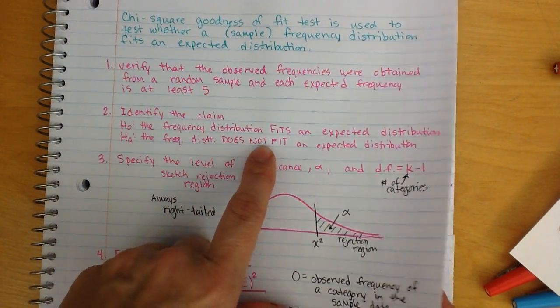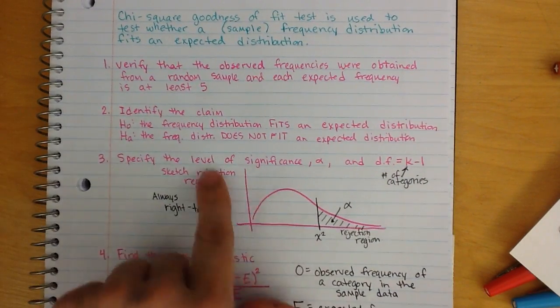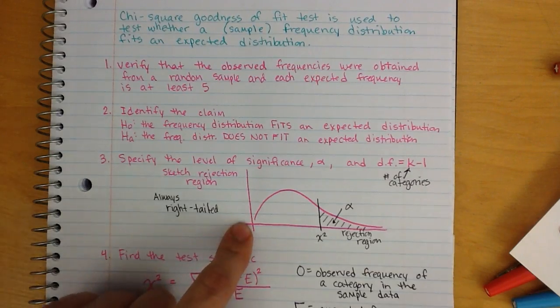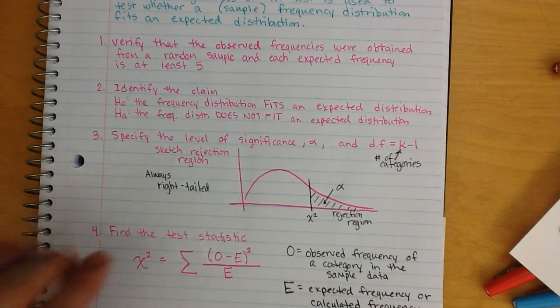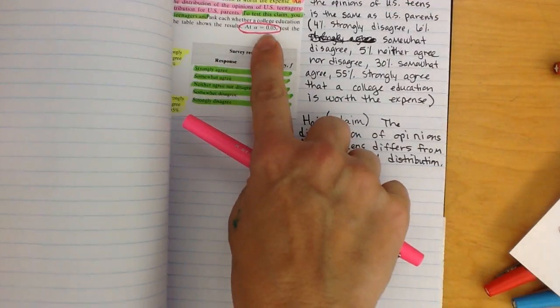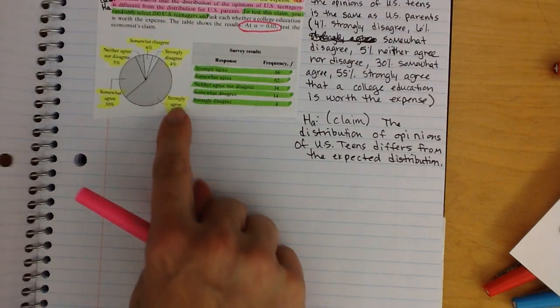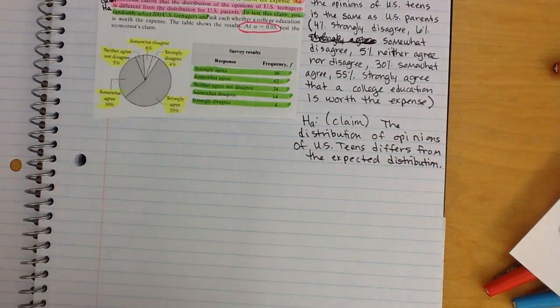H sub A, that it does not fit. And then we're going to draw our little right-tailed test here. We know that the level of significance alpha is 0.05, and K is the number of categories. So we have 1, 2, 3, 4, 5 categories.